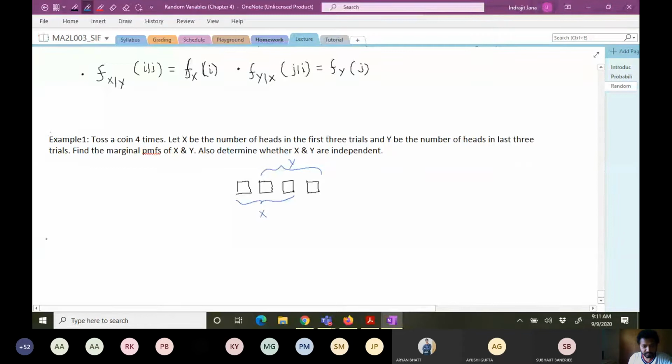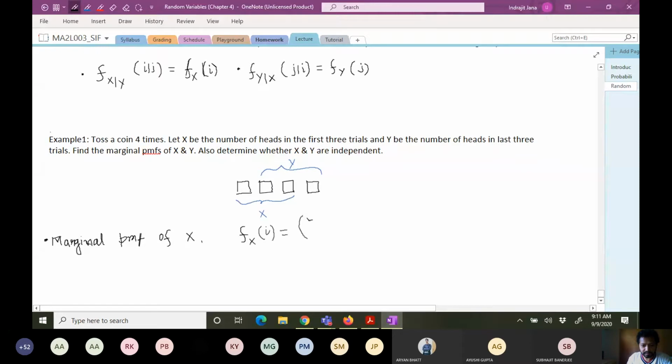First of all, the marginal PMF of X is given by f_X(i), which is the probability of getting i heads in the first 3 trials.